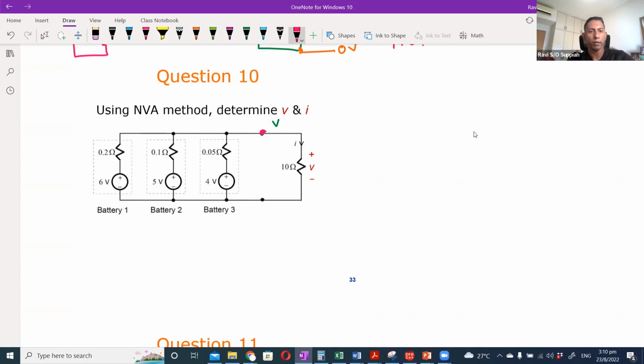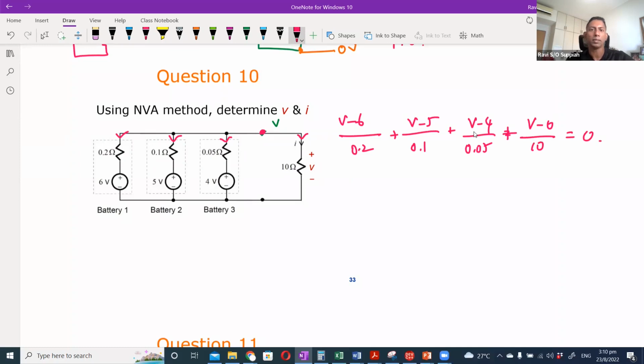If I define it as all the current flowing out of the branch, I will say that (V minus 6) over 0.2 plus (V minus 5) over 0.1 plus (V minus 4) over 0.05 plus (V minus 0) over 10 equals 0. That means I assume all the current flows out of the node.